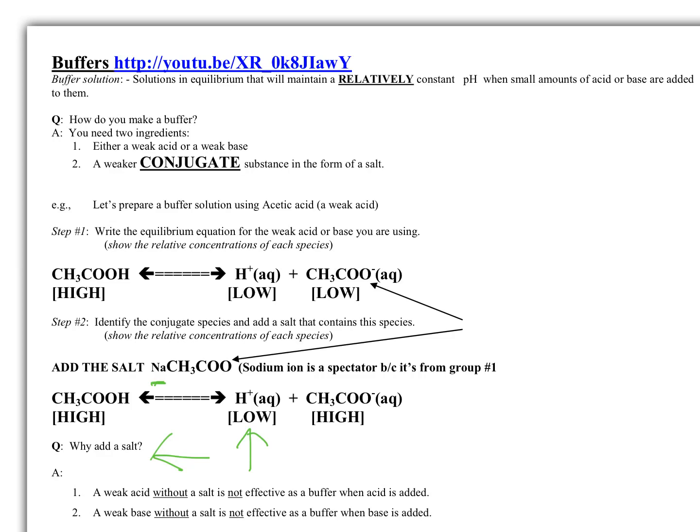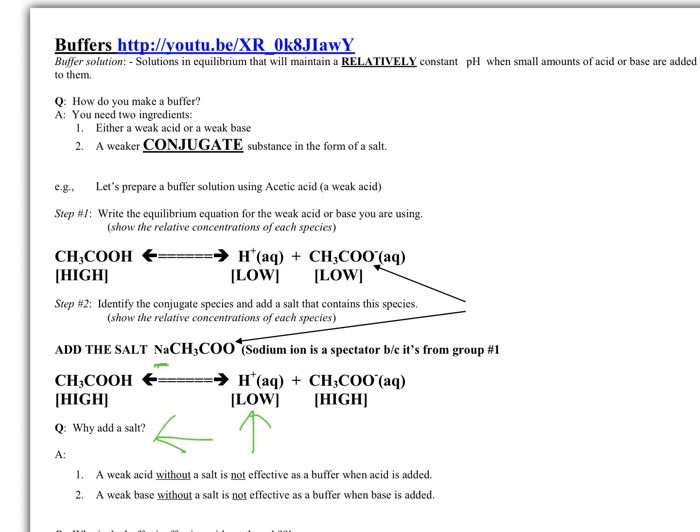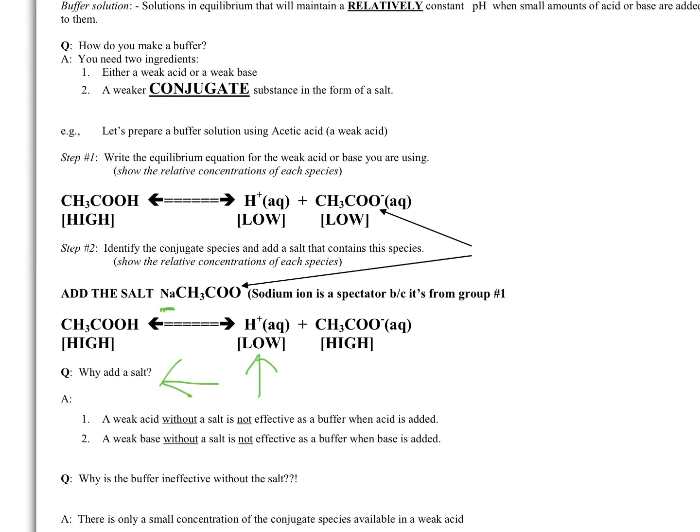Adding a base to it would create a change to our concentration of OH, which would be here, and it would once again create a massive shift in our equilibrium, and therefore a shift in our pH. We said a buffer resists change in pH, so we must have a way of doing that. By having this high concentration here, that's how we're going to resist it.